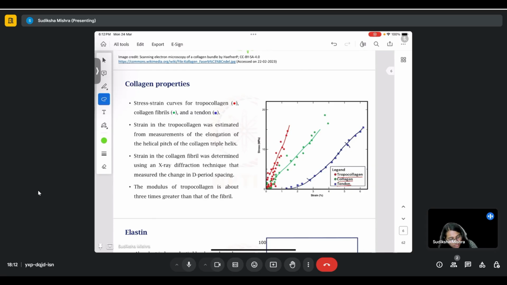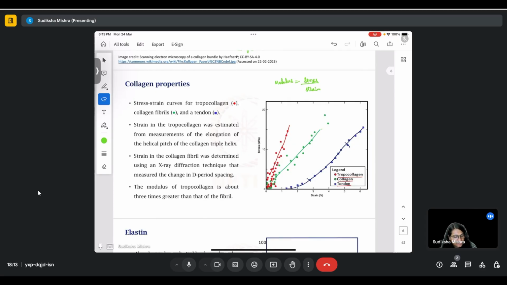If you want to compute the modulus, it is essentially stress over strain. It is the slope of this graph that will tell you about the modulus of the object. So let's compare the modulus of tropocollagen versus collagen.